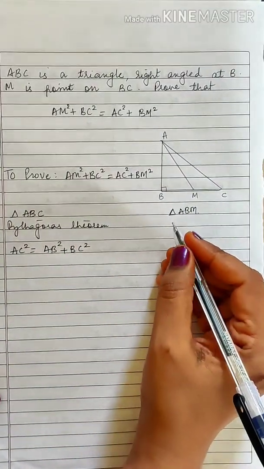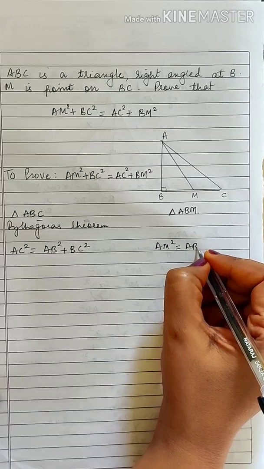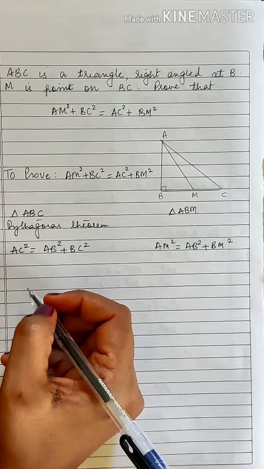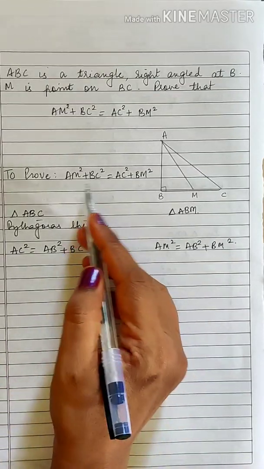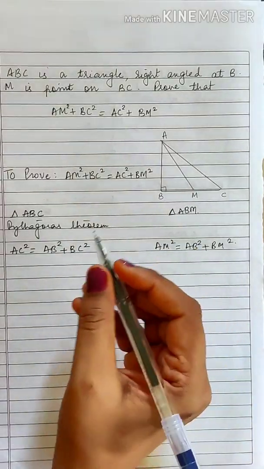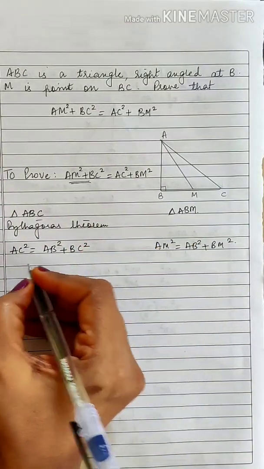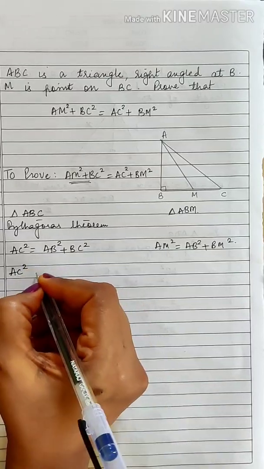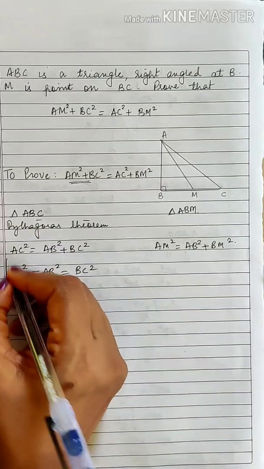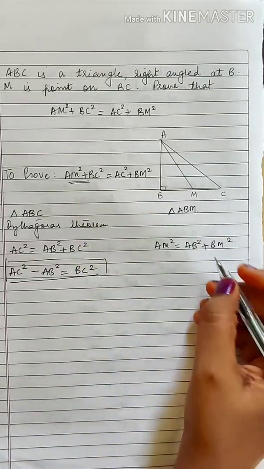Similarly, in triangle ABM, you get AM square is equal to AB square plus BM square. Okay, now you have to prove that AM square plus BC square is equal to AC square plus BM square. Now if we want to take the LHS, AM square and BC square, so here you can find AC square minus AB square is equal to BC square. You get one equation.